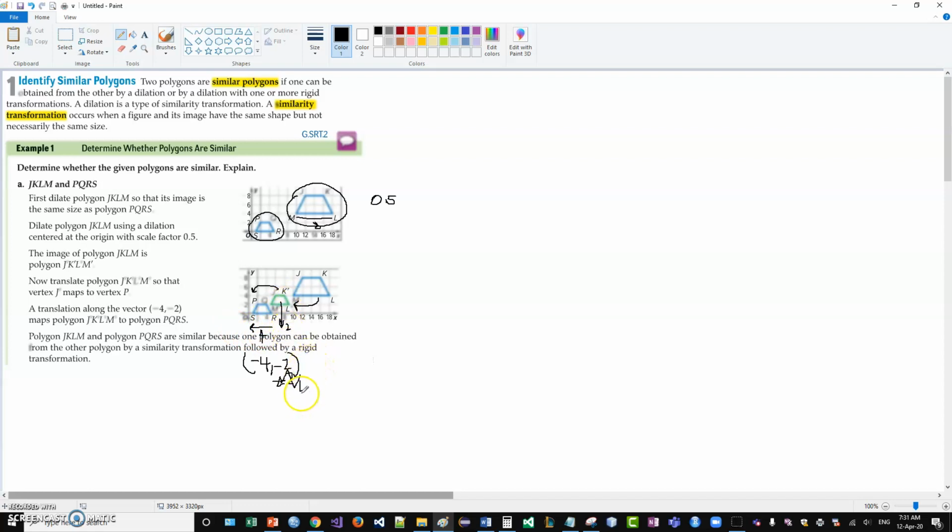Okay, so again, these two polygons are similar. Why? Because one of them is a shrinkage of the other, and then it's translated 4 units across the x-axis and 2 units across the y-axis.